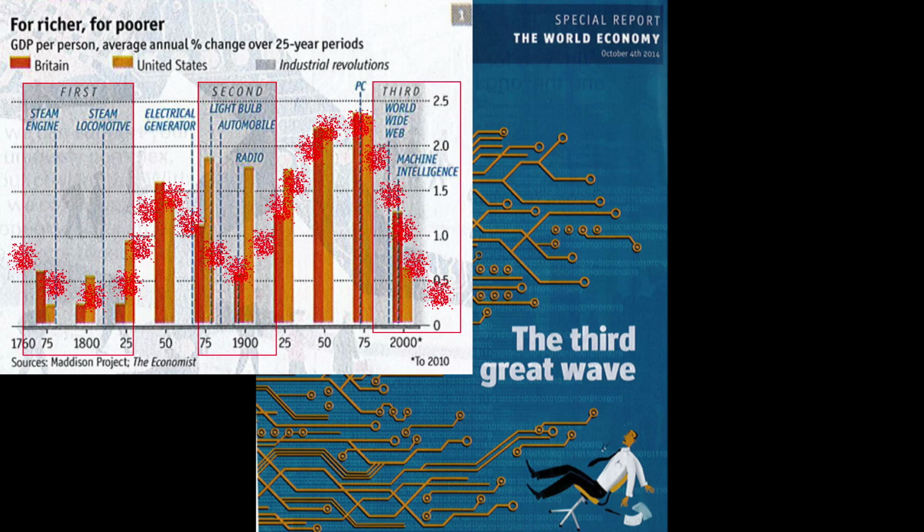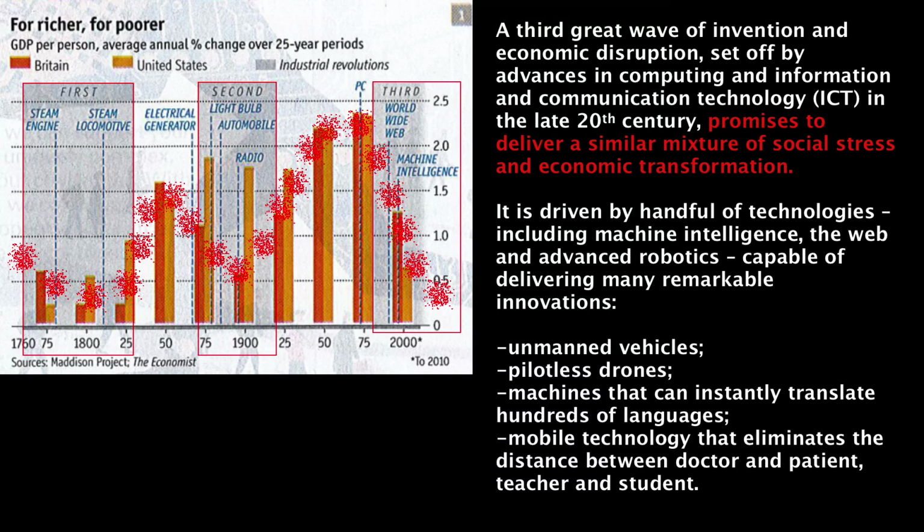So we might say, as the Economist article tells us, a third great wave of invention and economic disruption set off by advances in computing and information and communication technologies in the late 20th century promised to deliver a similar mixture of social stress and economic transformation. And they also add that it is really driven by a handful of technologies: machine intelligence, advanced autonomous robotics, and so on.